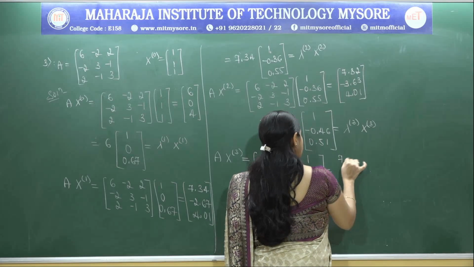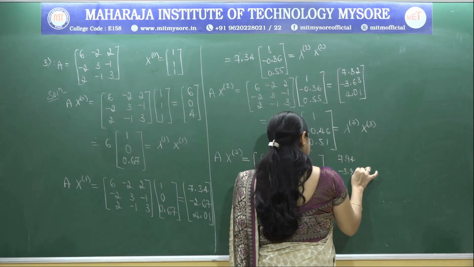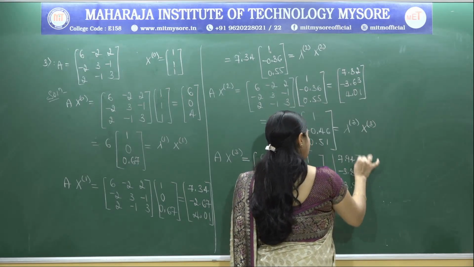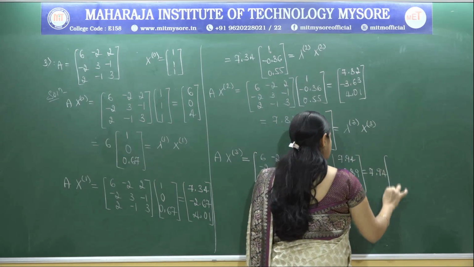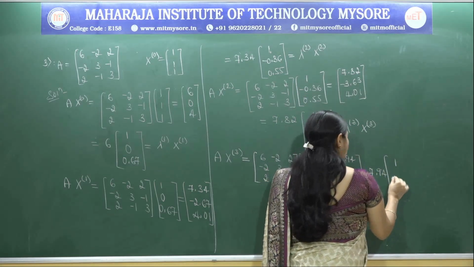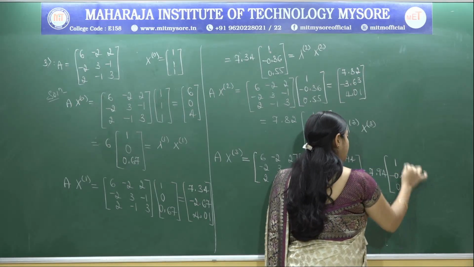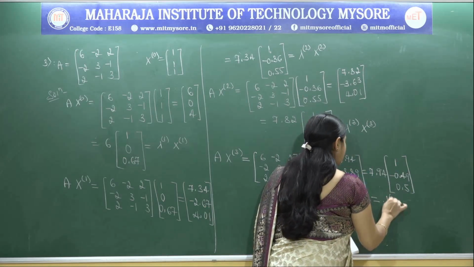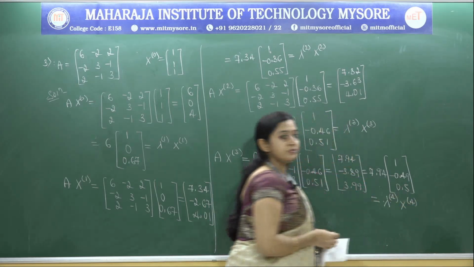You will get 7.94, minus 3.89 and 3.99. So in that, 7.94 is the largest entry. Take this as the common term. You will get 1, 0.49 is the second one, 0.5 is the third one. So you represent this as lambda of fourth iteration, x of 4.